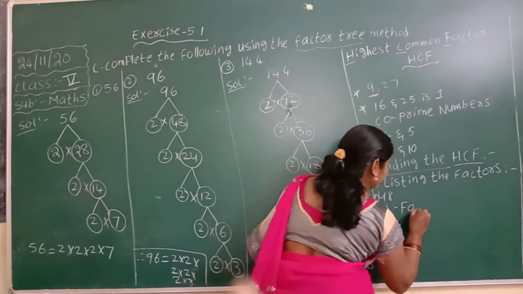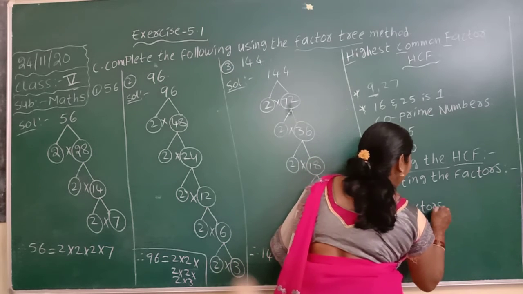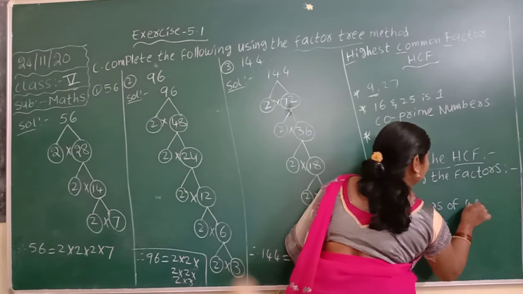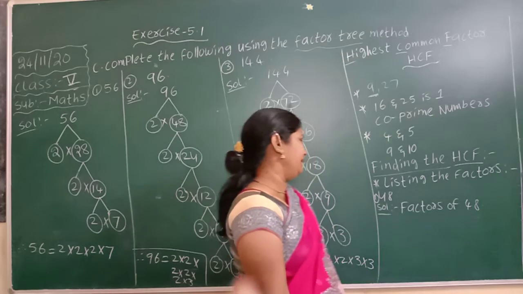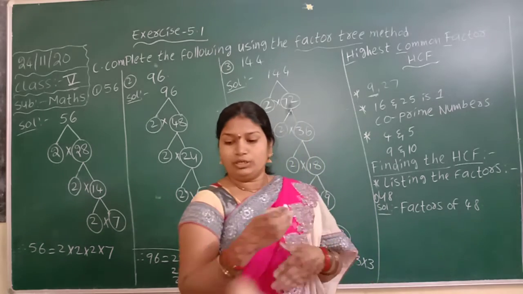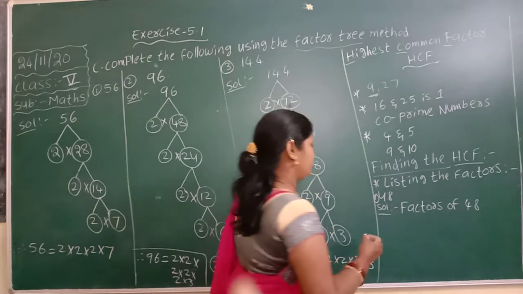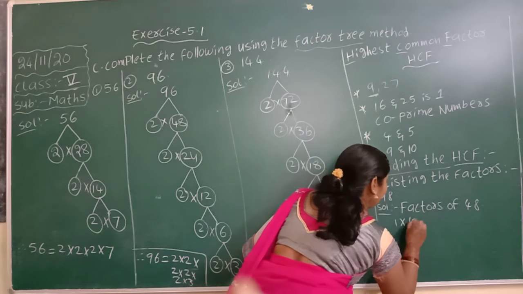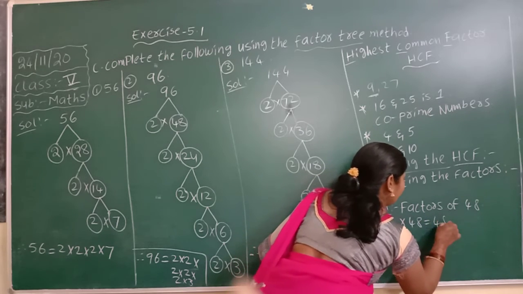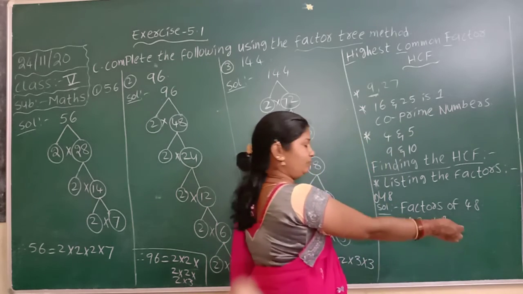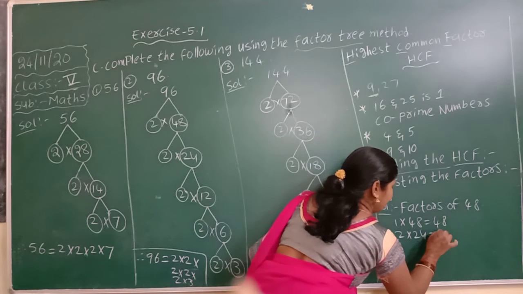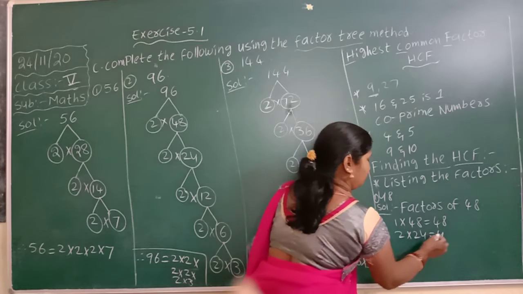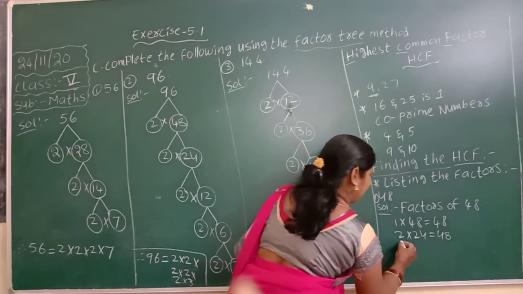Solution: factors of 48. Factors of 48 means here you should multiply the numbers. 1 into 48 is equal to 48. 2 twos are 4, 2 fours are 8, means 2 twenty-fours are 48.